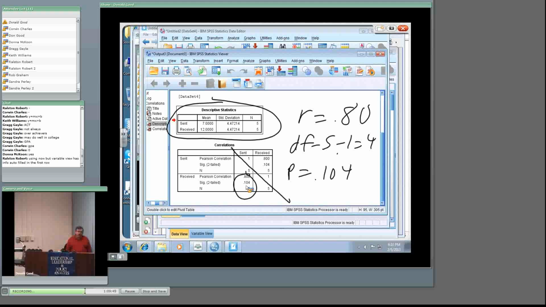What I am willing to take, and this is just kind of standard, is a 5% or less chance of being wrong. That's why I said 0.05 a minute ago. So I would call this a weak positive correlation. Weak positive. Question?